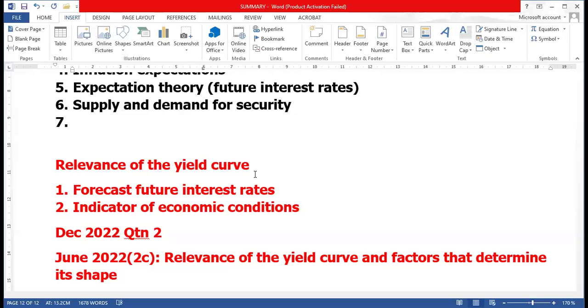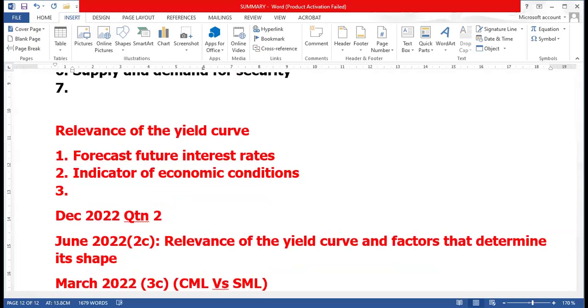For example, a normal upward sloping curve is associated with economic expansion, because investors demand higher returns for long-term investments due to growth and inflation expectations. Central banks and analysts closely monitor the yield curve to assess the economic health and predict future trends.